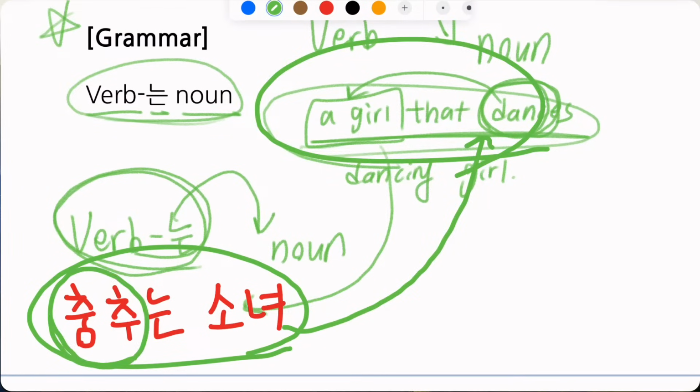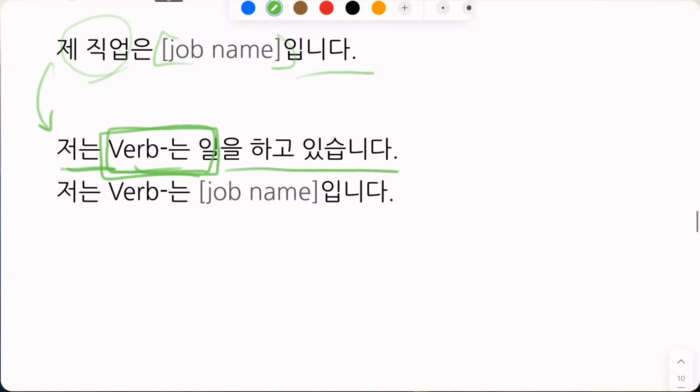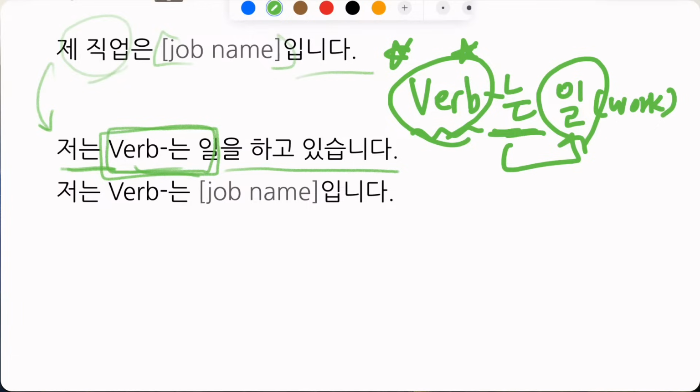So this verb becomes a modifier by adding 는. So if we break down verb는 일, 일 means work. By adding what kind of specific work you do, you use the verb and then add 는 일, the work that I do. You can do it like this.